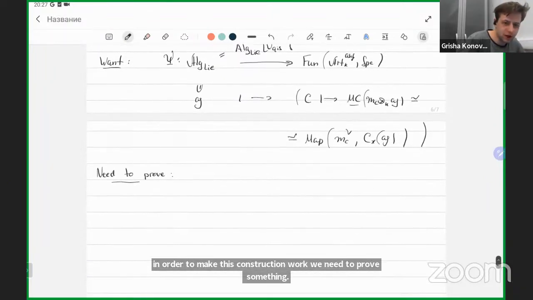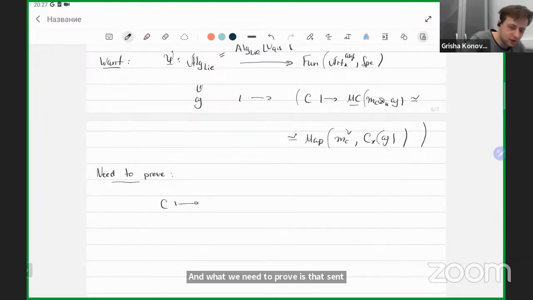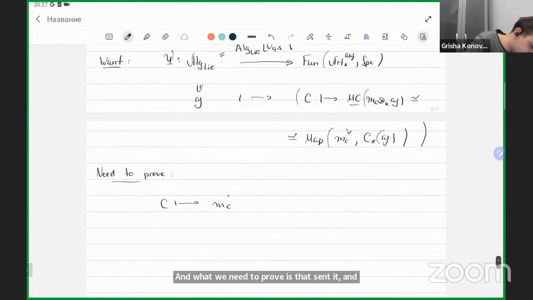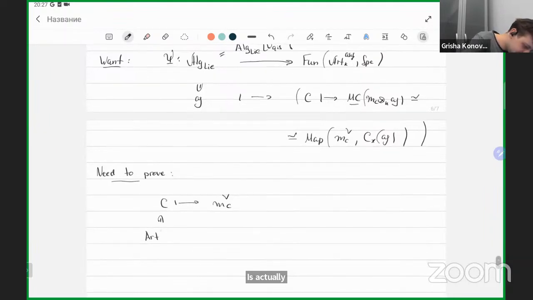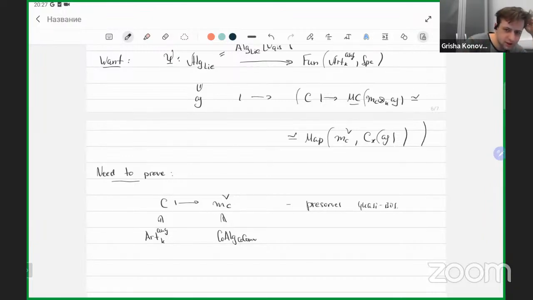What we need to prove is that sending an Artinian algebra to the algebra dual to the augmentation ideal actually preserves quasi-isomorphisms. That's what we need to prove.